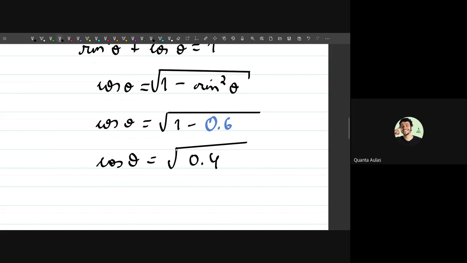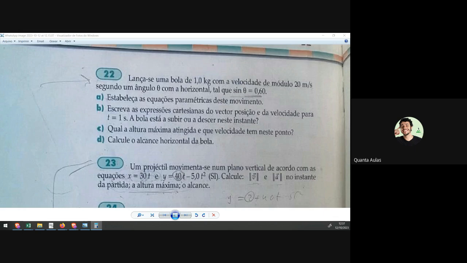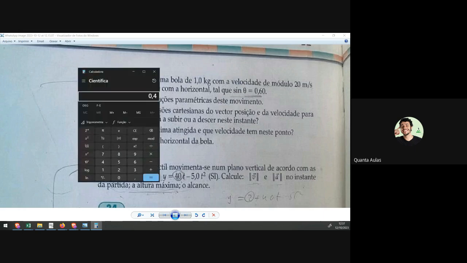So you need to think what number I need to multiply by itself to get 0.4. I suppose it is 0.2, but I can be wrong. Just a second, I will do this calculation. 0.4.